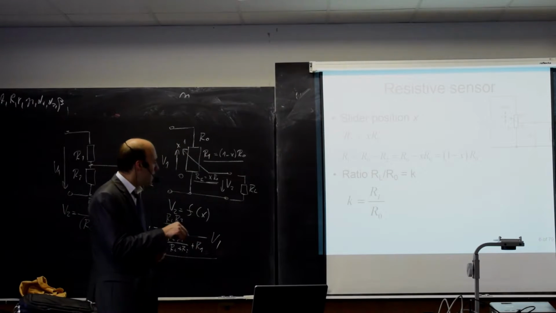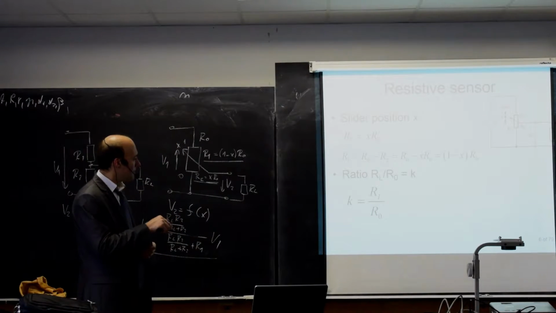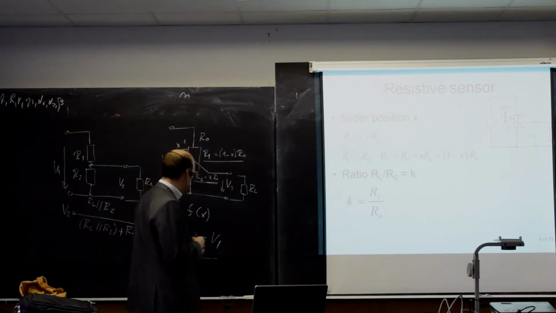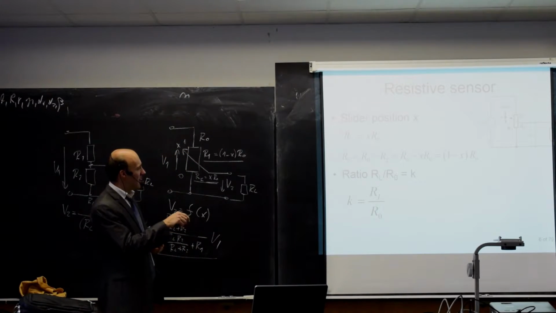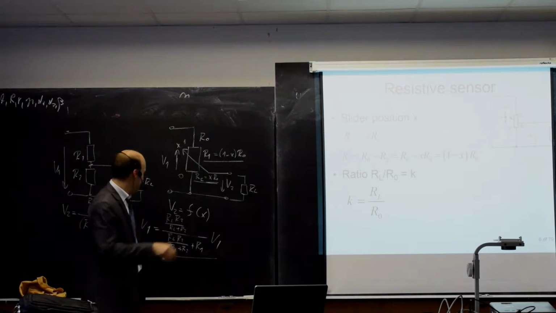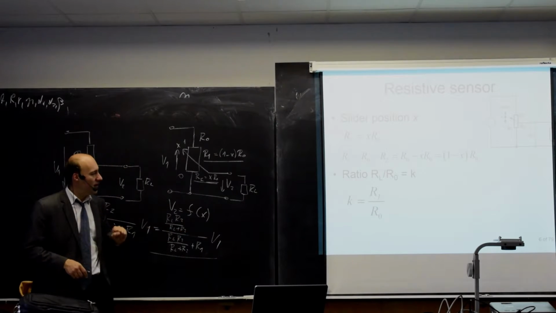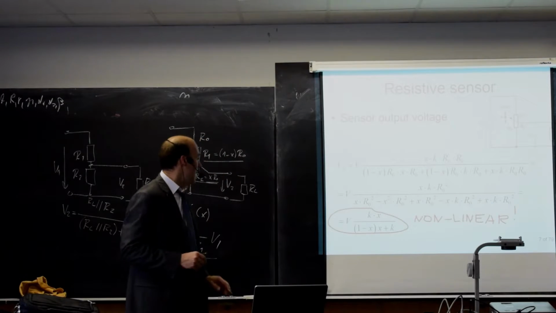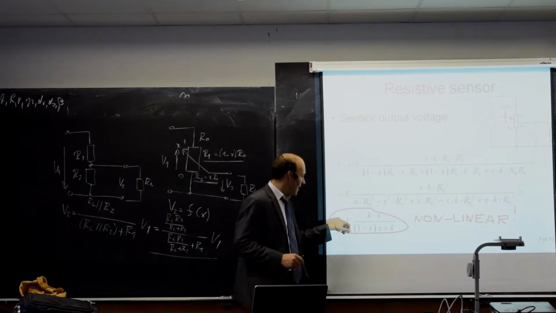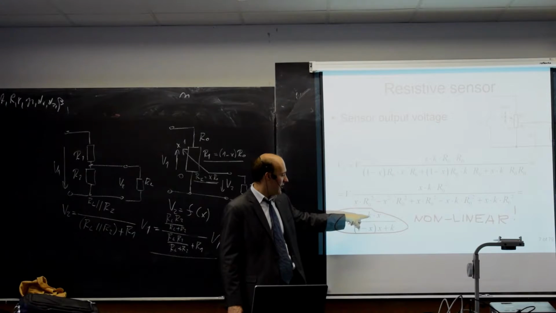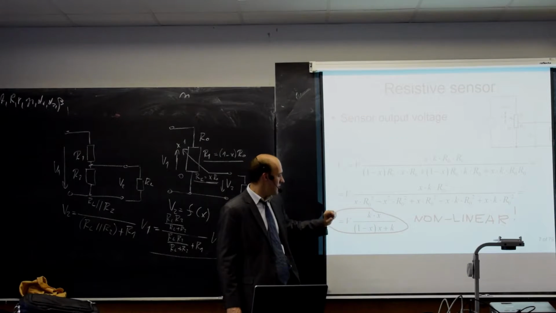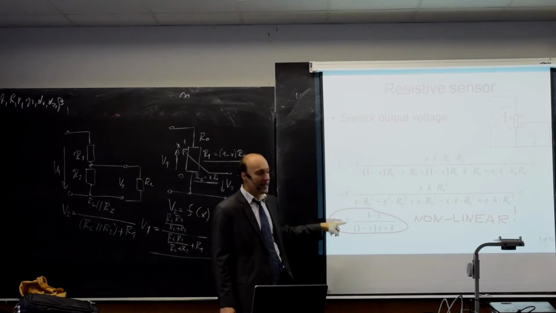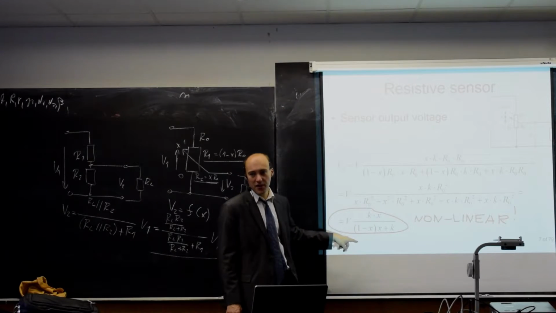The ideal ratio for K will go to infinity, because if we substitute this, and this into this equation, we will see that it will get quite complicated, but here is the result. Here, this is K, that's the ratio of the resistors, X is position. And from this equation we can see that this relation is nonlinear.